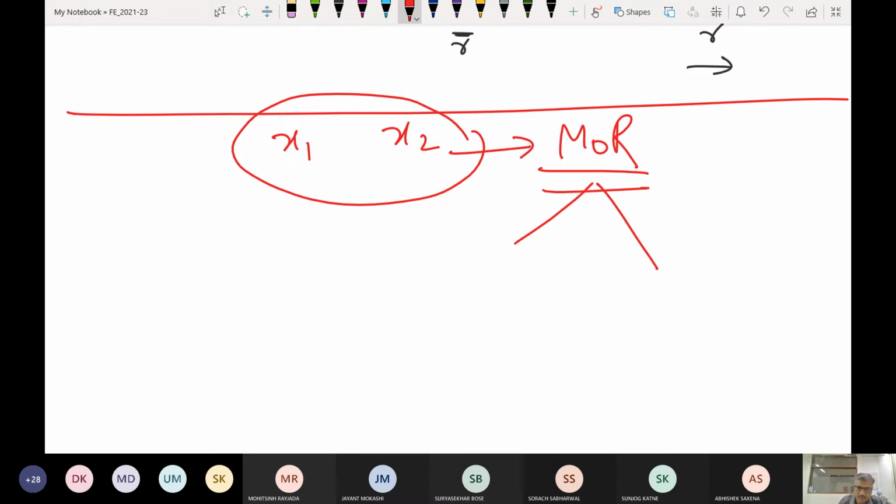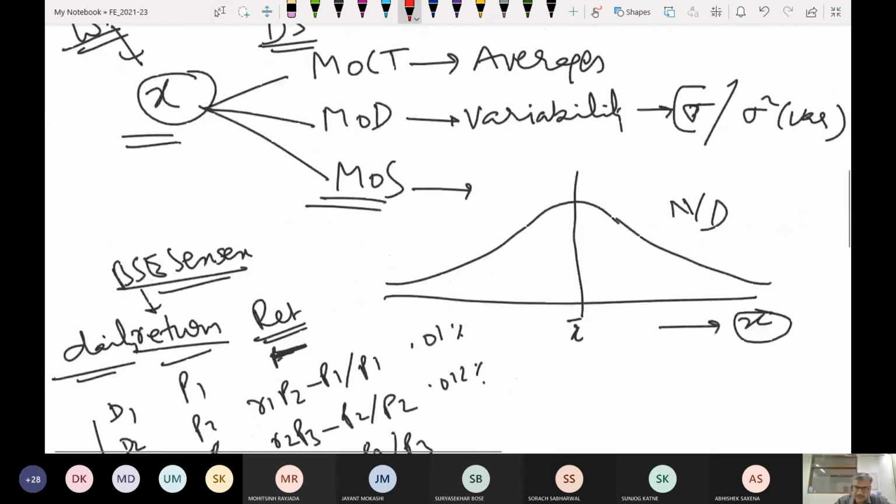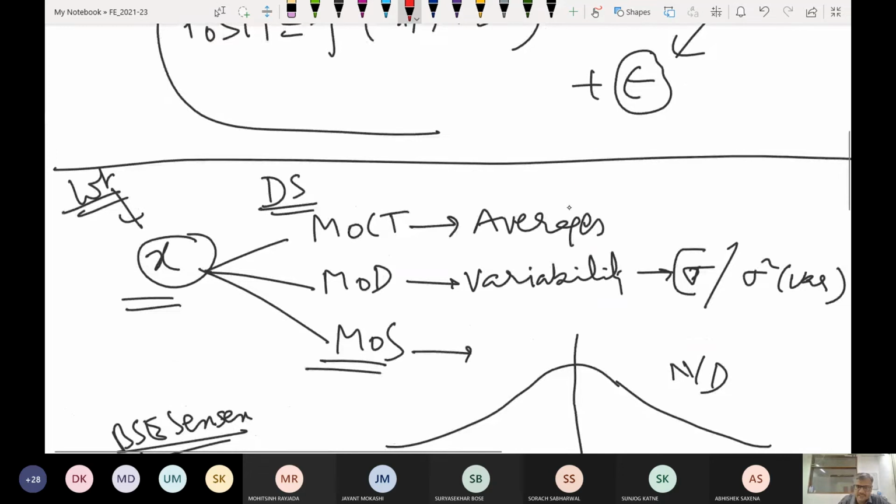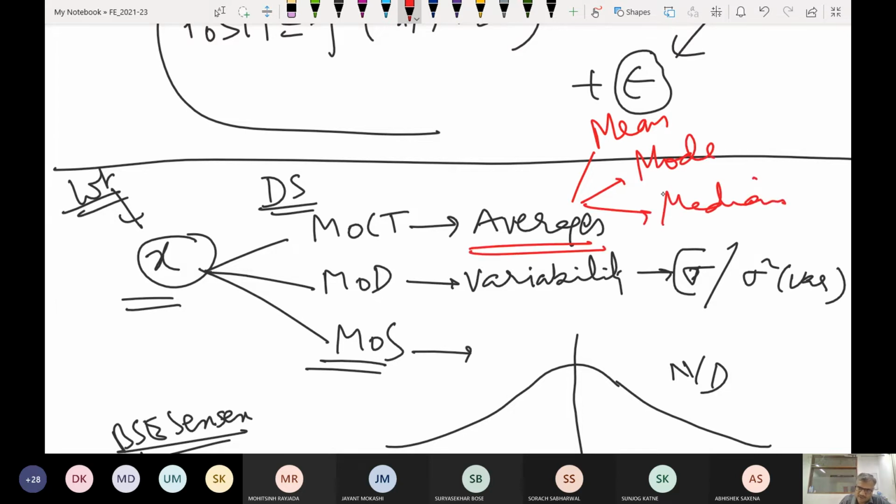There are broadly two types of measure of relationship. Like here I can talk about average. Average can be mean, mode, or median. So three measures are there to describe average, all three types of averages.